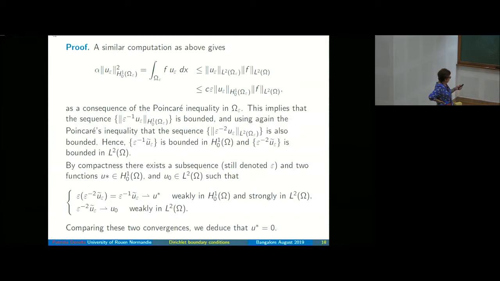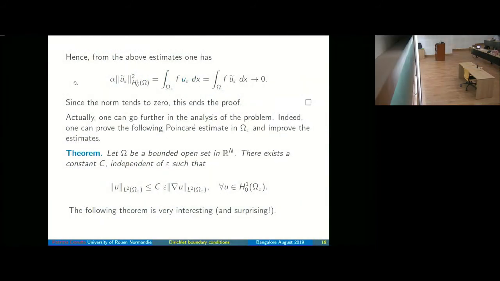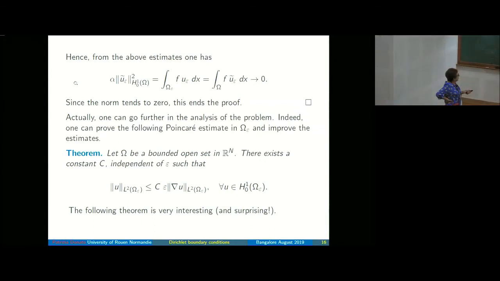And now we use Poincaré again, because if we prove that the gradient of u is not constant, but better, of order epsilon, then we have epsilon times epsilon, which means that u is of order epsilon squared.